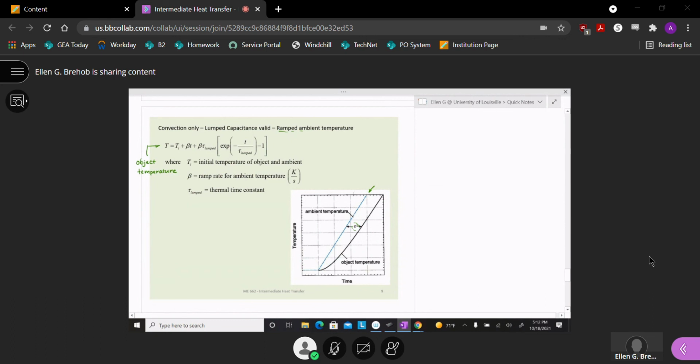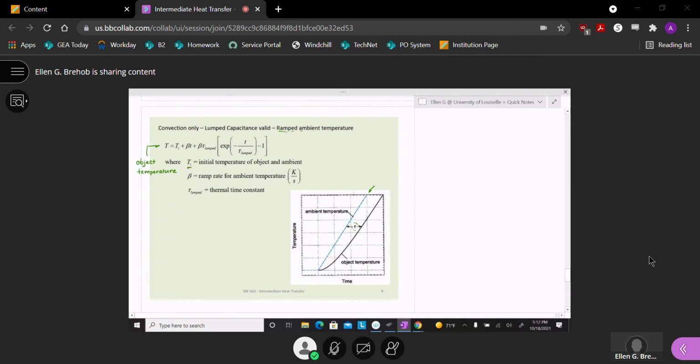So it's always a little bit behind the fluid temperature that it wants to measure. If I have an object with a big thermal time constant, so I have a large thermocouple, I'm going to have a bigger delay. I'm going to do a poorer job of actually measuring the fluid temperature.